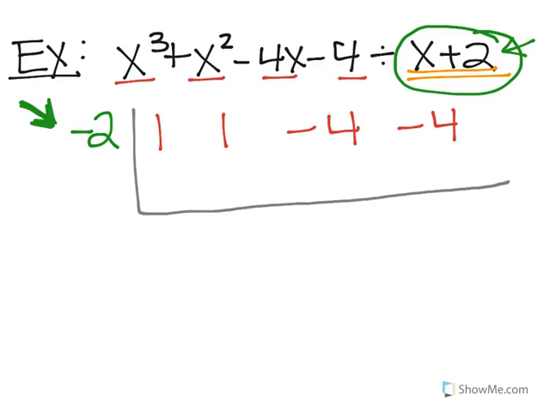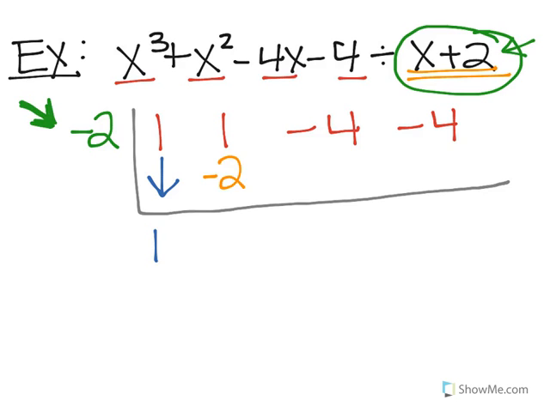This is the order in which we do synthetic division. The first thing we do is drop down this 1. Then we do negative 2 times 1, which is negative 2, and we write that right here. I said negative 1 before, but I meant negative 2 times 1.